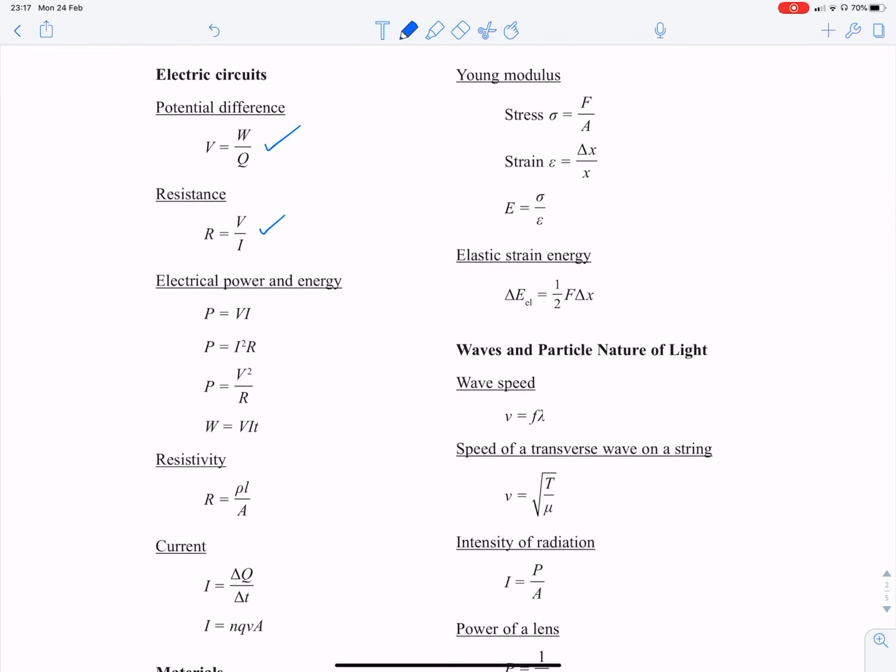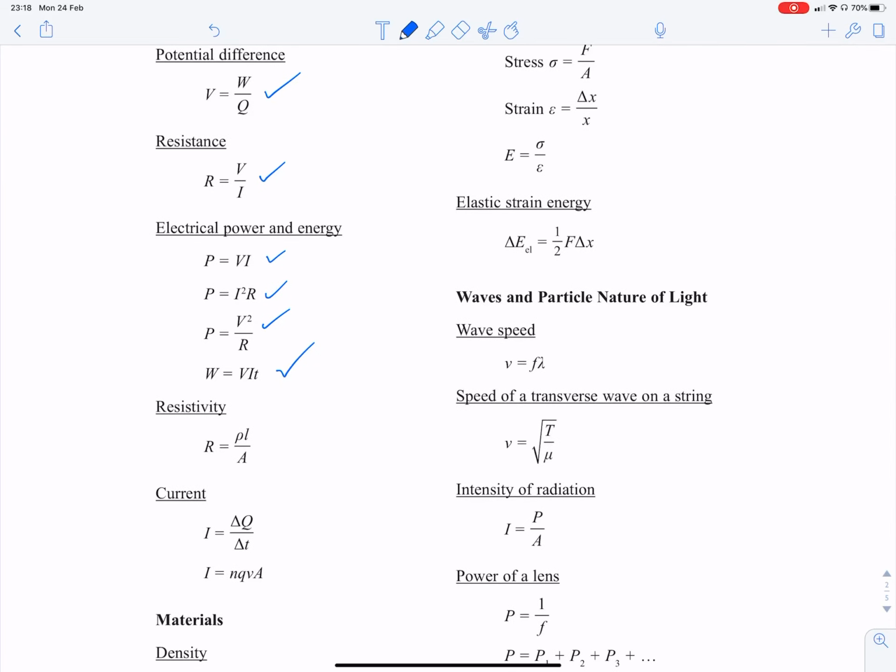Electrical power: power is voltage times current, or the square of the current times resistance, or the square of the voltage divided by resistance. Or W, the work done, is VIT, where V is the voltage, I is the current, and t is the time taken.